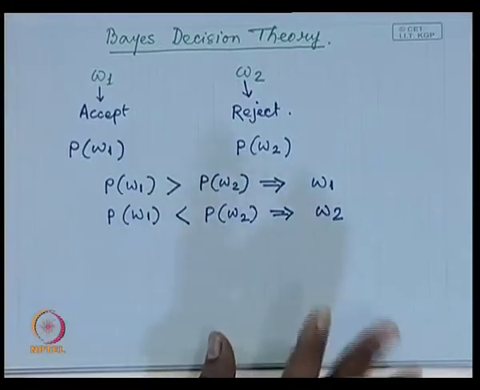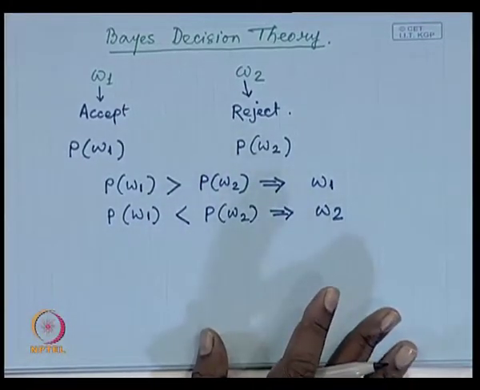Here you find that though we have been able to form a decision rule, this decision rule is not really logical. The simple reason is, if from the history I have found that p of omega 1 is greater than p of omega 2, then for all the new coming objects, I will always decide in favor of omega 1, even if it should actually belong to class omega 2.